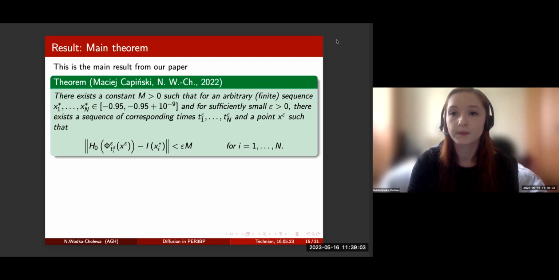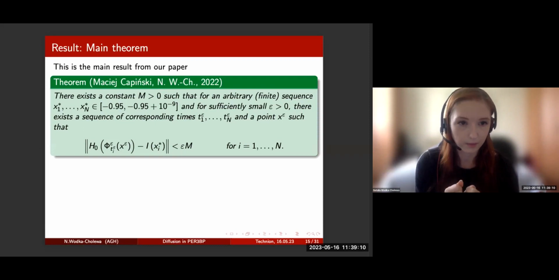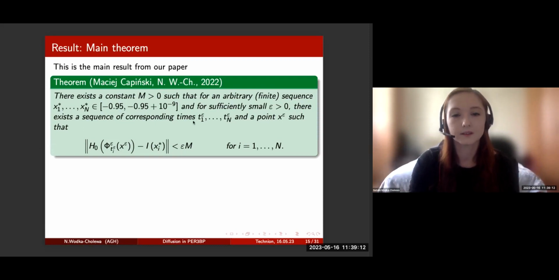And as you see, the times and the point depend on the value of the parameter, such that this inequality holds.